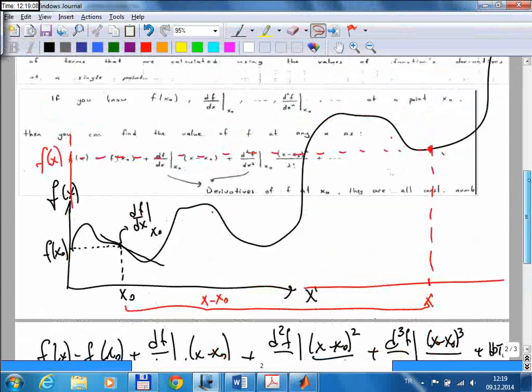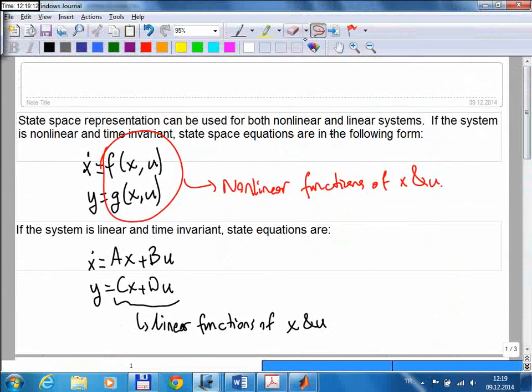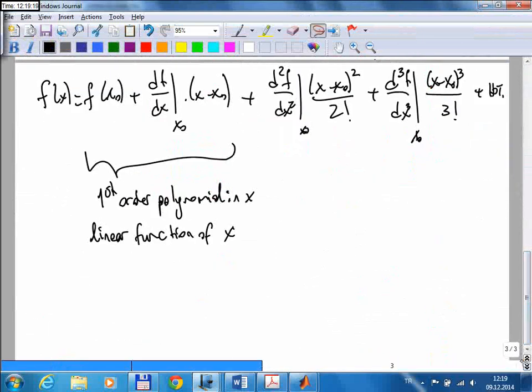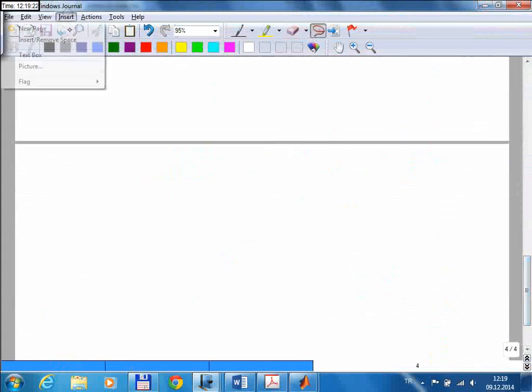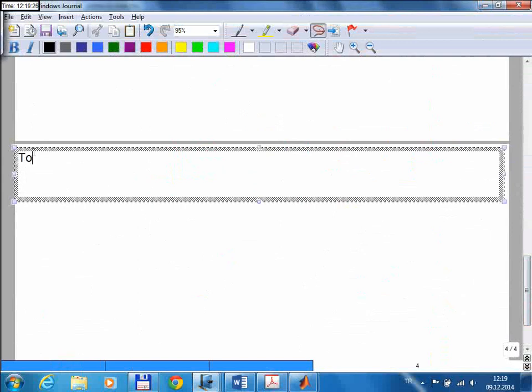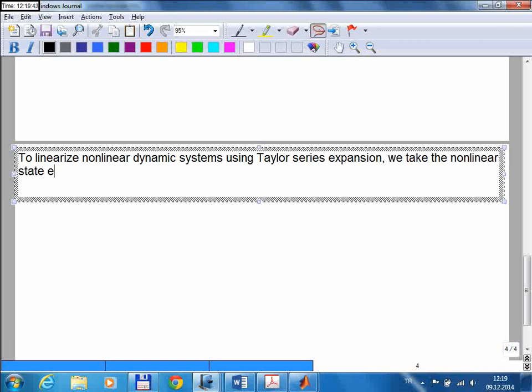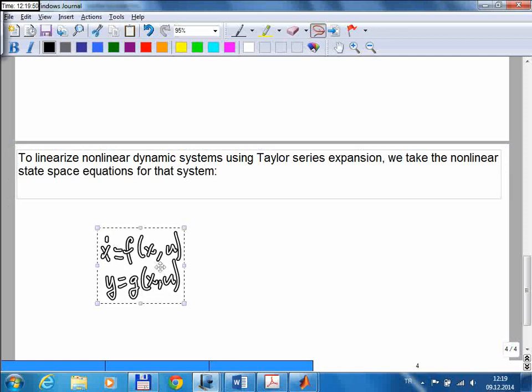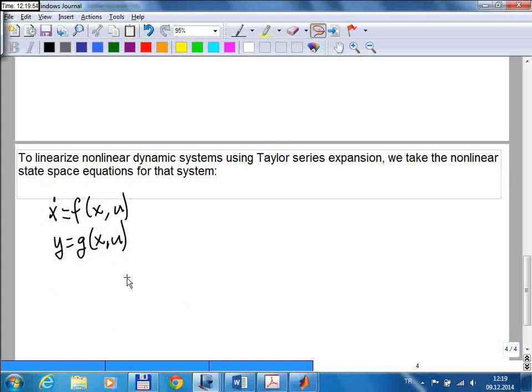Okay, so how do we use this for linearizing systems? We take these original nonlinear state equations, so to linearize nonlinear systems, we take the nonlinear state space equations for that system, which are these equations, and then we apply the expansion to these nonlinear functions.